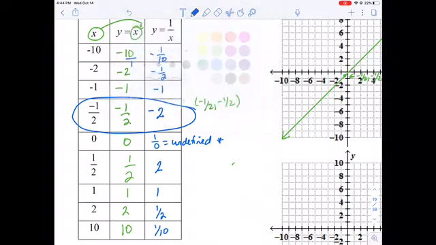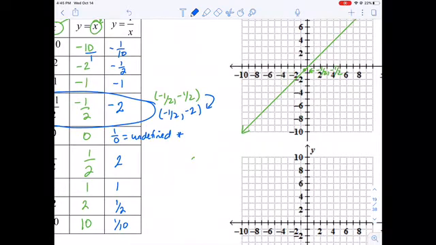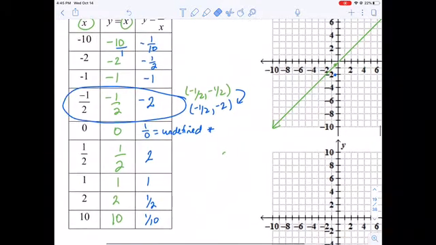On my reciprocal function, instead of -1/2, -1/2, I've got the value -1/2 and -2. Okay, that's what it becomes. So -1/2, -2. It's right there. I'm not going to keep all the coordinates there because we're just going to get too busy, but that new point is -1/2, -2.